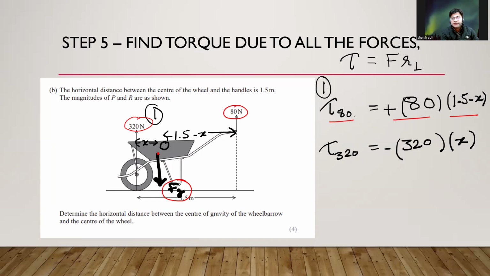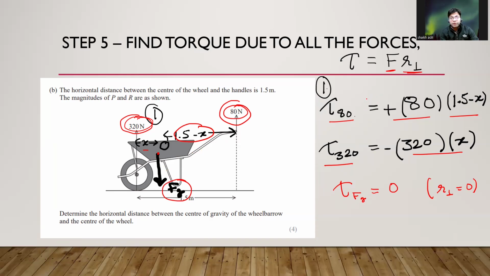We have applied the formula tau equals F r perpendicular: the force multiplied by the perpendicular distance of the force from the pivot. You should remember that the torque due to the force of gravity will be 0 because the r perpendicular here is 0.